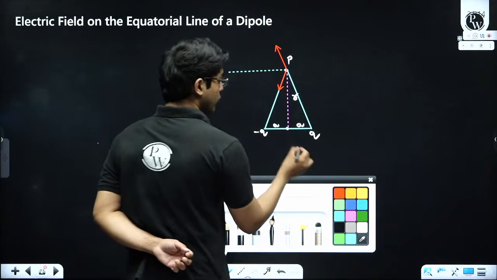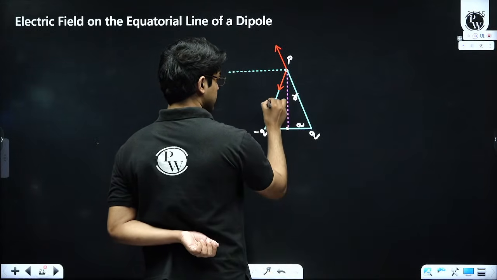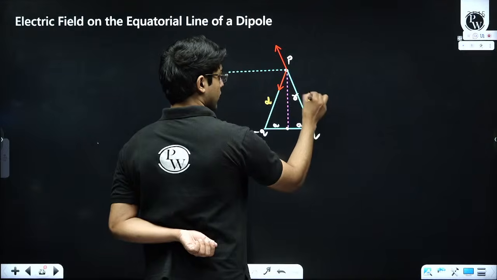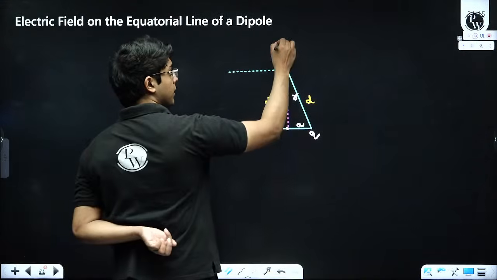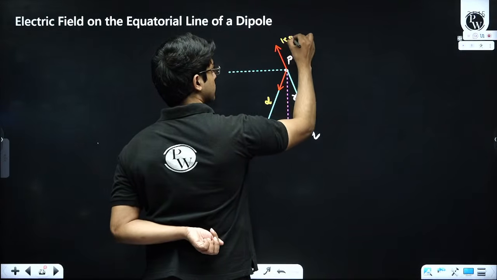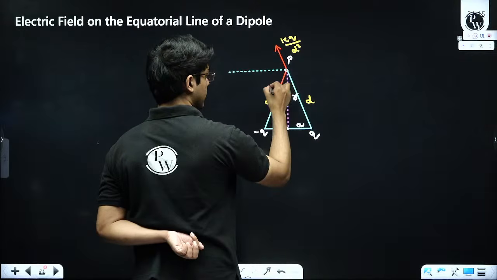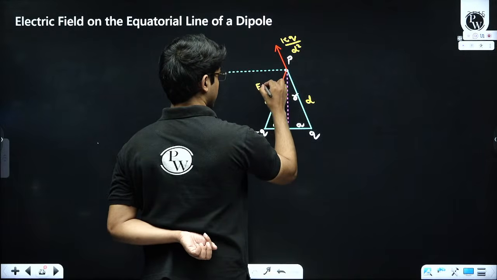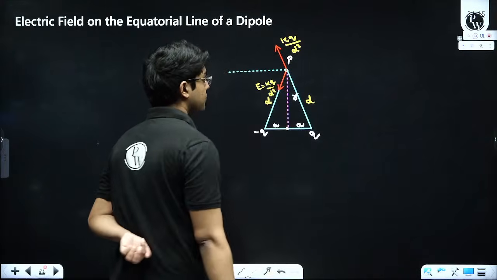The magnitude will be the same due to both these charges. If you say this distance is d, the hypotenuse, this distance is also d. So this electric field will be kq divided by d square, and this electric field will also be kq divided by d square, same magnitude.